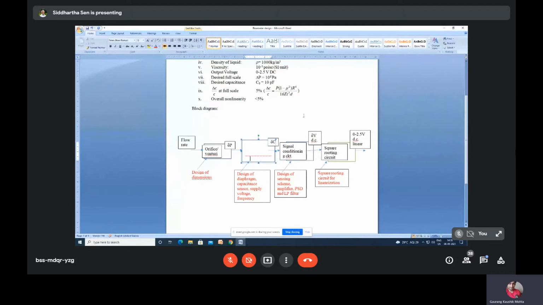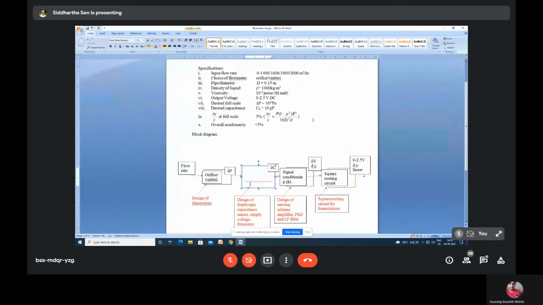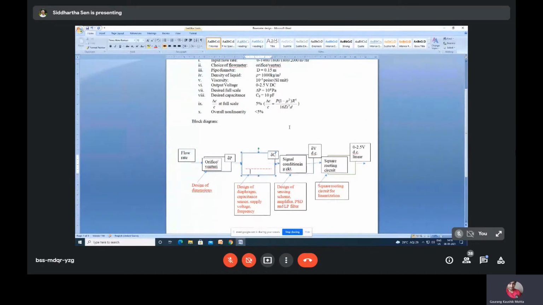This is our target, but definitely there would be some non-linearity at different places. Our overall non-linearity should be less than 5%.